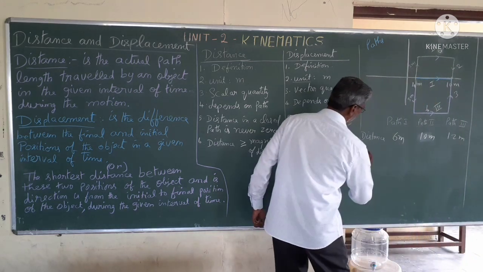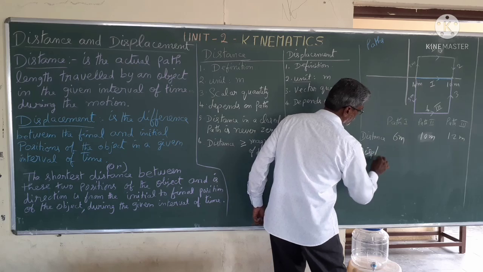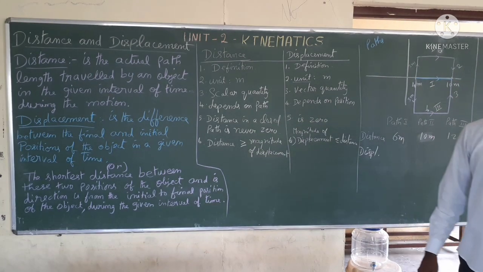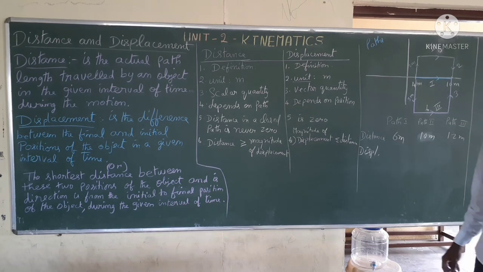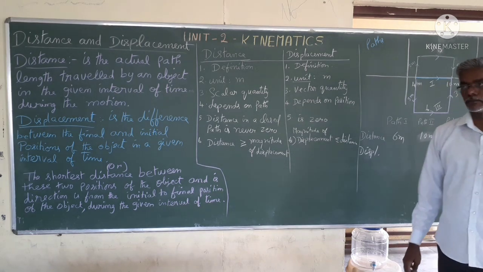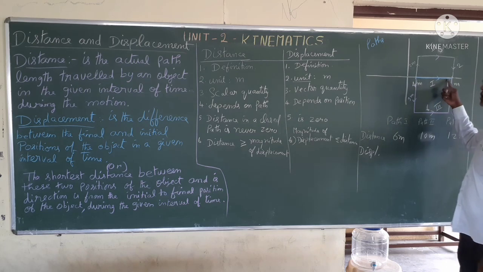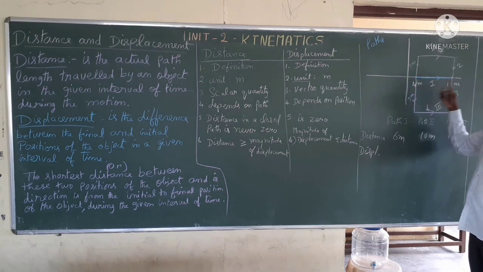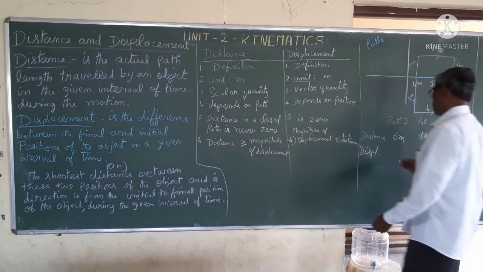Now, if I see the displacement, what is the definition of displacement? The difference between the final position and the initial position. For path 1, what is the final position? 10 meters. What is the initial position? 4. So 10 minus 4, 6 meters.